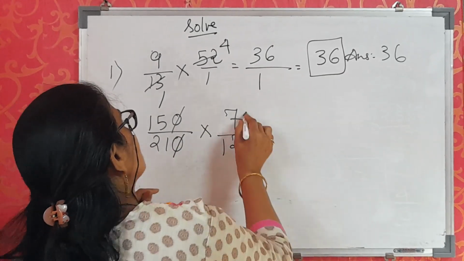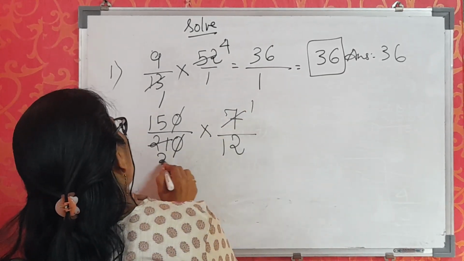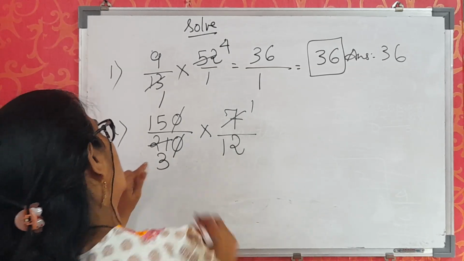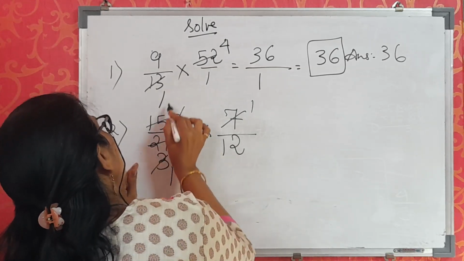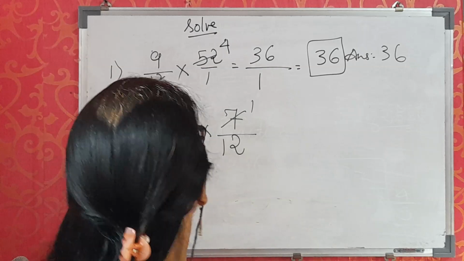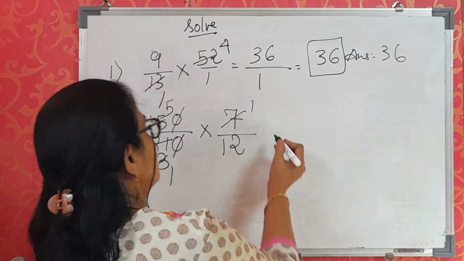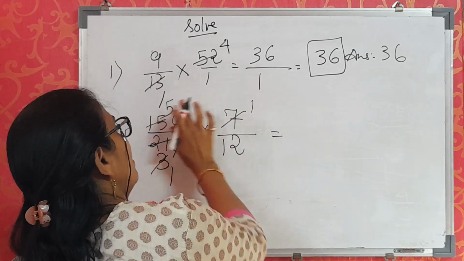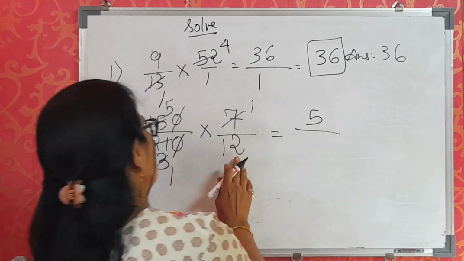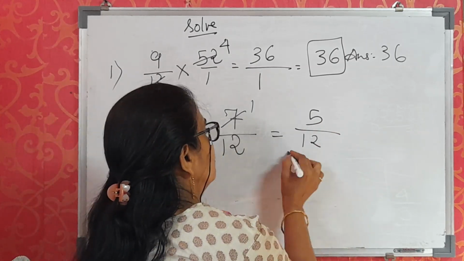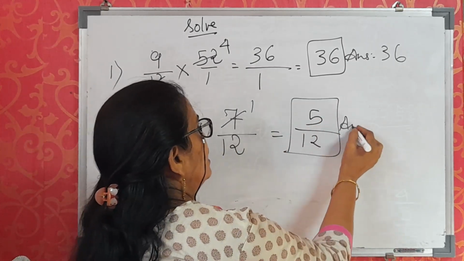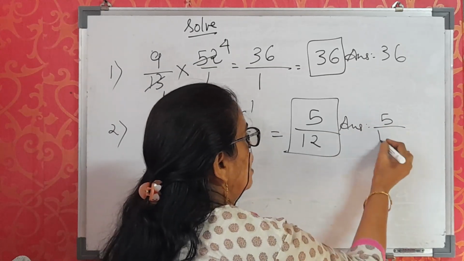So 7 ones are 7, 7 threes are 21, again 3 ones are 3, 3 fives are 15. Now there is no further cancellation. So numerator is 5 ones are 5, 12 ones are 12 is the denominator. So this is your final answer, 5 upon 12.